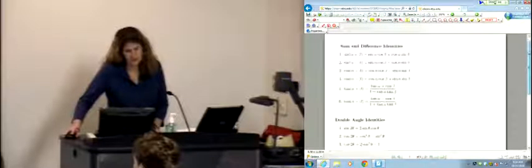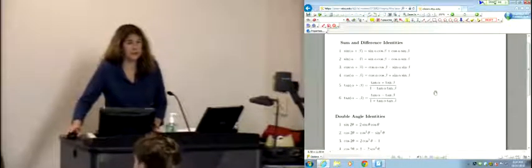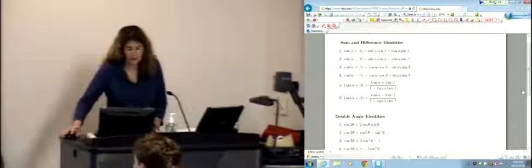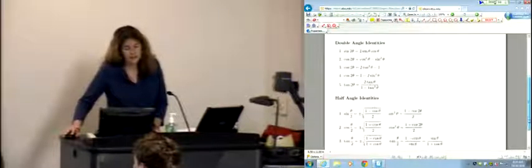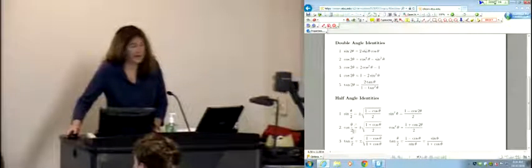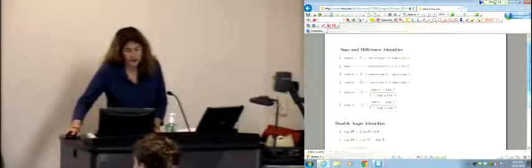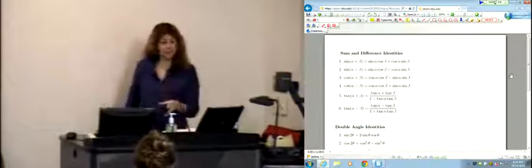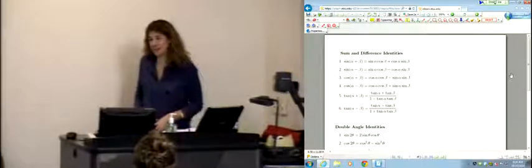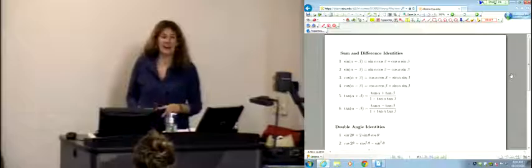Sum and difference identities, that's what we've been working with, right? Today in section 7.6, we're going to work with double and half angle formulas, so those will be there. And I'll give you a sheet like this on the test, okay? I'll give you this sheet, so a lot of you are breathing easier today, knowing that.